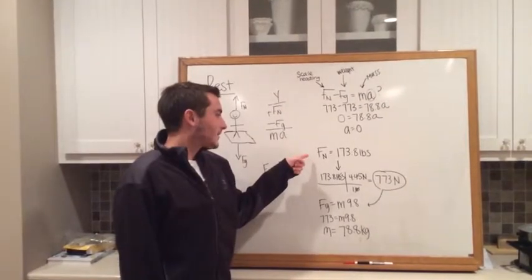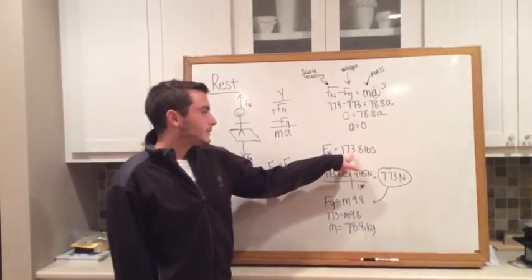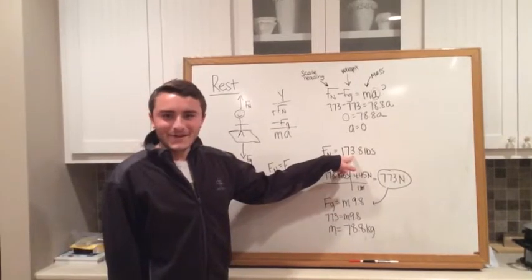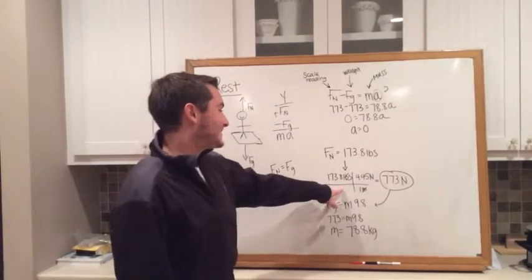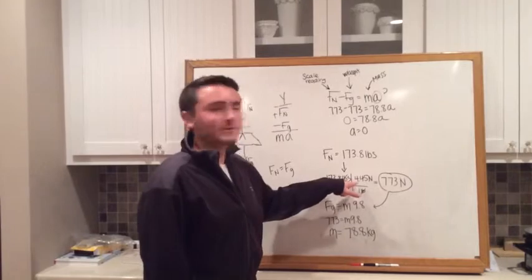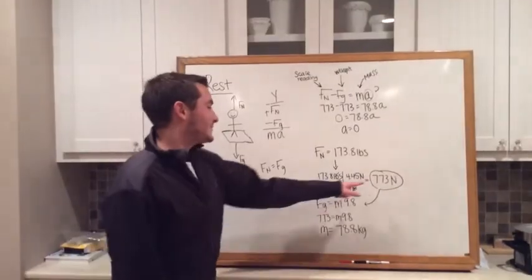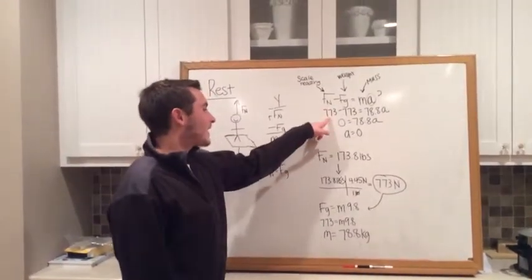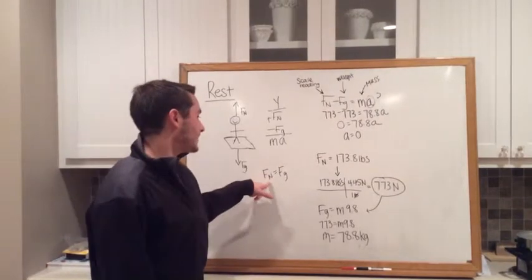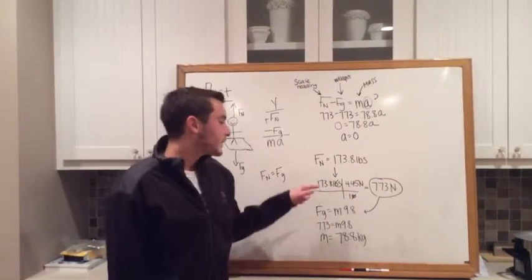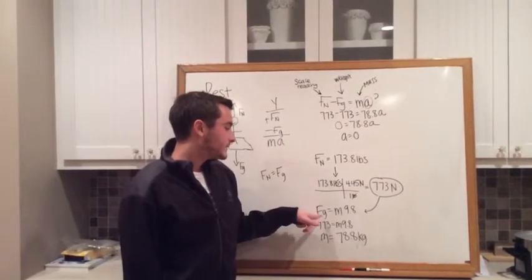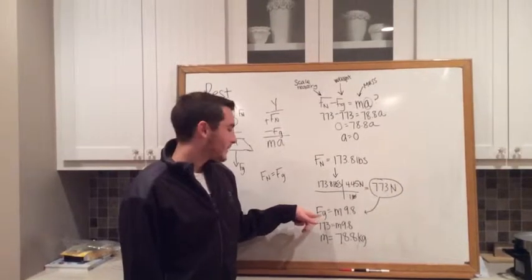We know that this is in pounds, and we have to convert it to newtons, so we multiply it by 4.45. Then we put that in there, and we know that F_N equals F_g, so we can find F_g, or we can find the mass down here.